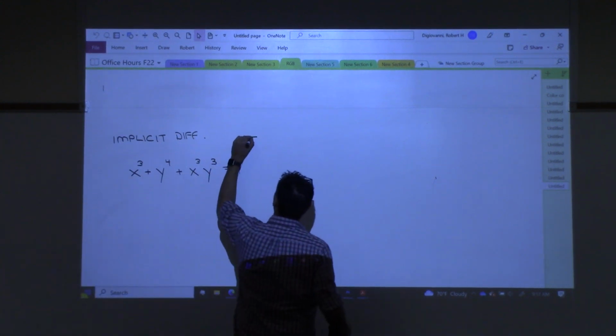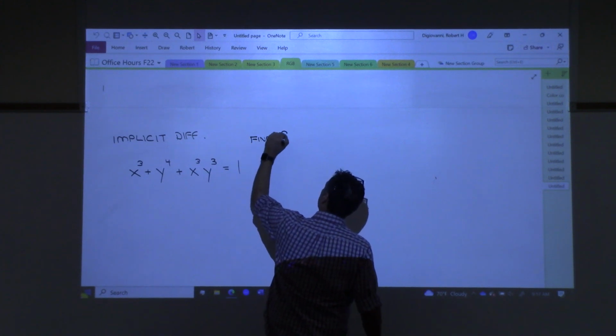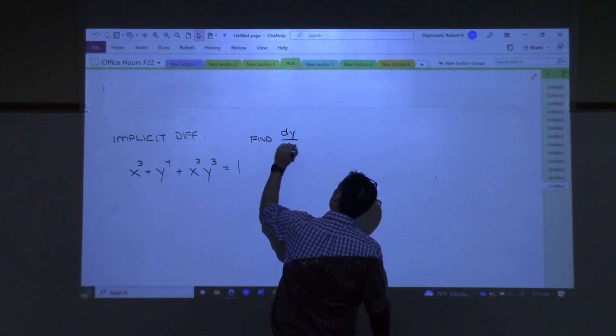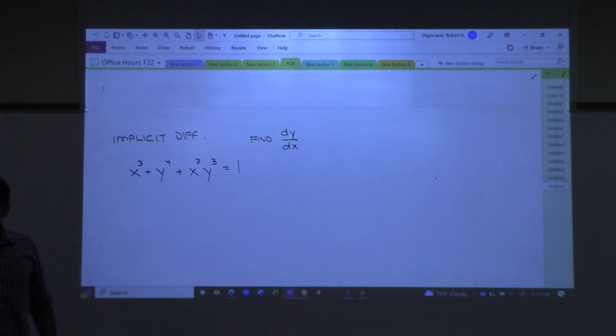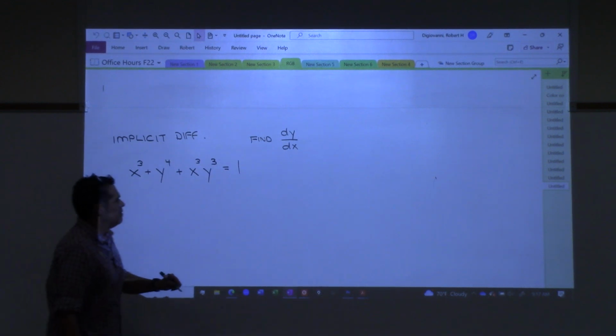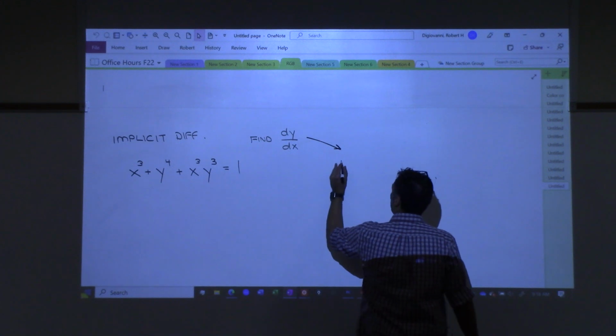I'm going to say here, find dy dx, which means I want to know the slope of the tangent line, right? That's what I want to know. I want to know how fast this is.